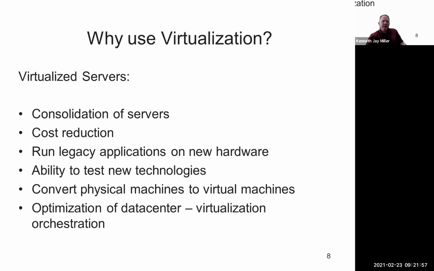All right. So we can consolidate our servers. We can reduce costs. We can run older applications on new hardware. And this is where we come into play in this course. We can test new technologies without having to buy $50,000 worth of servers every time we want to run a lab.